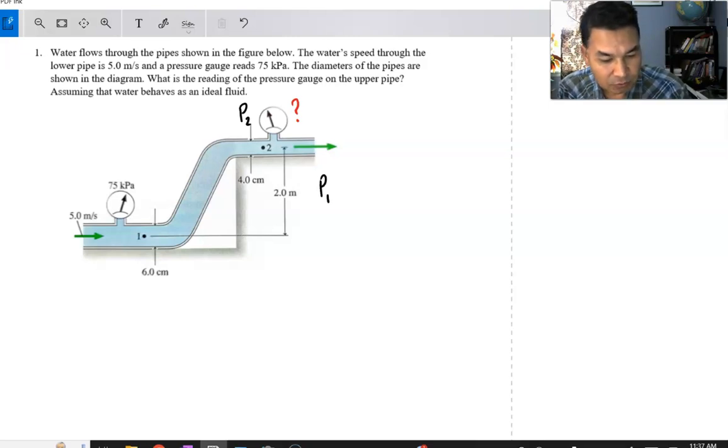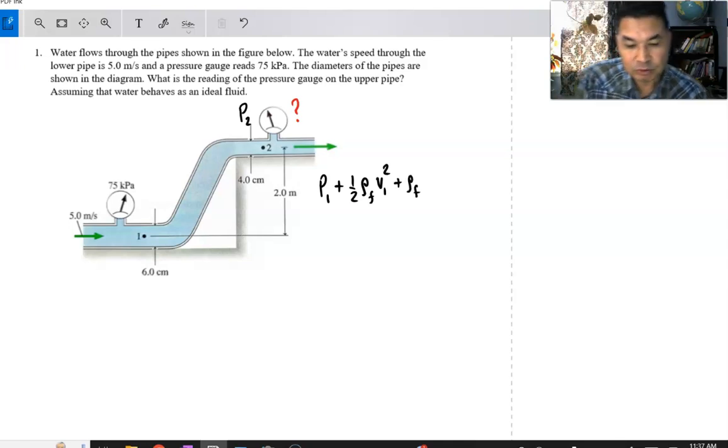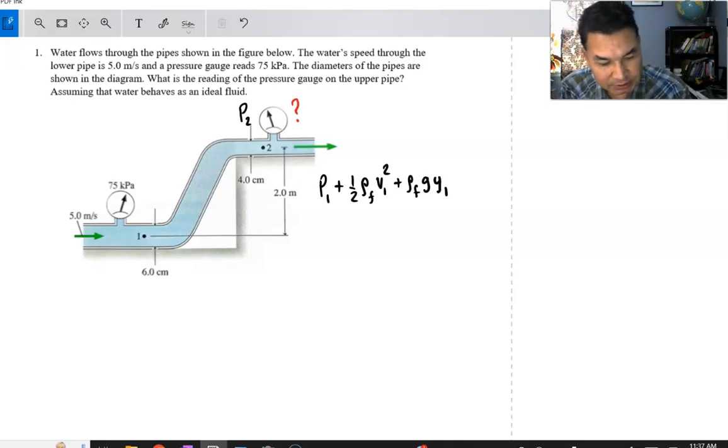Bernoulli's equation says the pressure P1, plus 1/2 the density of the fluid times the speed squared, plus the density of the fluid, and our fluid system is water, times gravity times y1, the height, which is 0, is equal to, now this will continue, the sum of these three things must be constant.